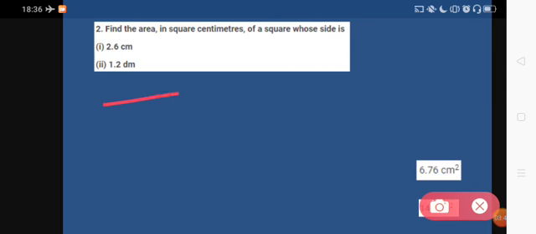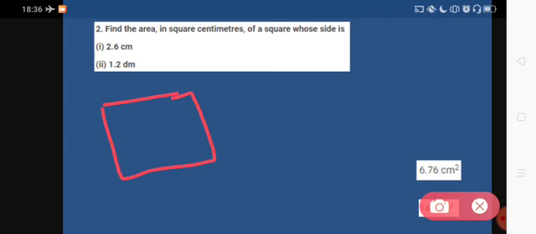What is a square? A square is a part of quadrilateral. A square has equal sides. All sides are equal in a square and internal angles are 90 degrees.